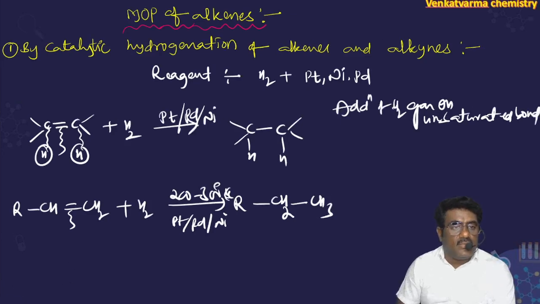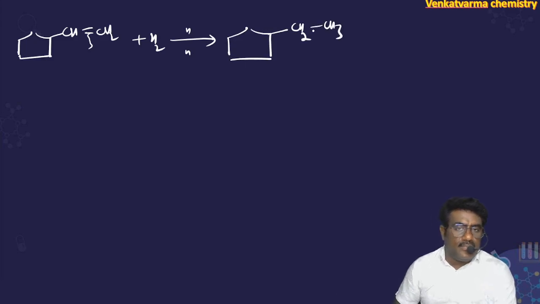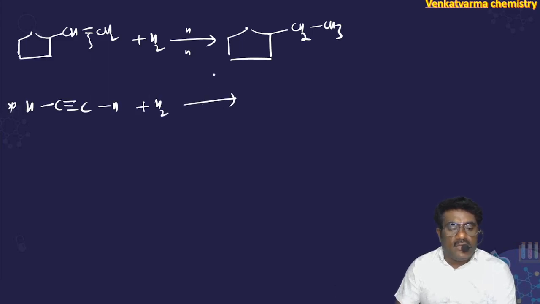Have a look at the next example. CH2=CH2 in presence of H2 gas with nickel, platinum or palladium metal. Simply the pi bond breaks and hydrogen is added, giving CH3CH3. Next example: HC≡CH in presence of H2 gas, same environment.